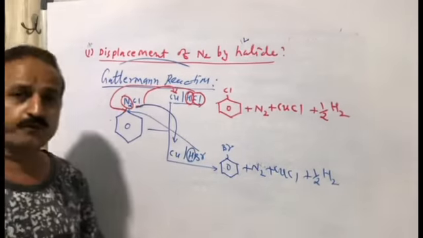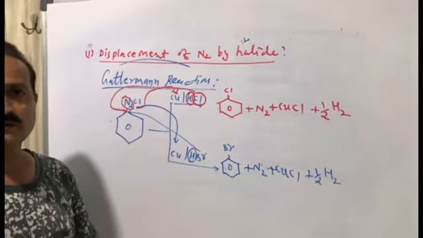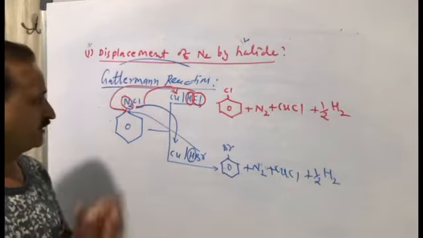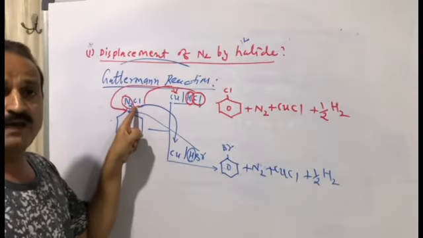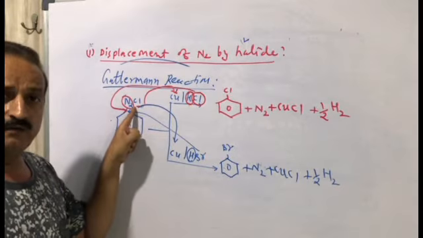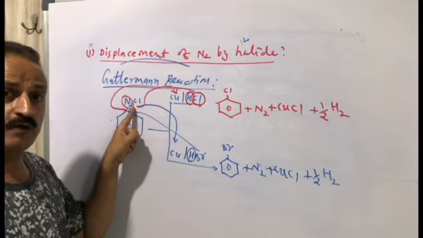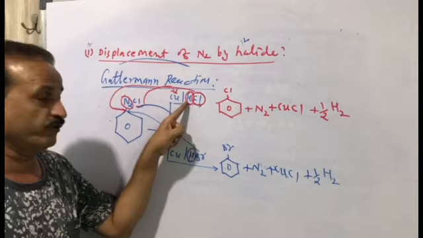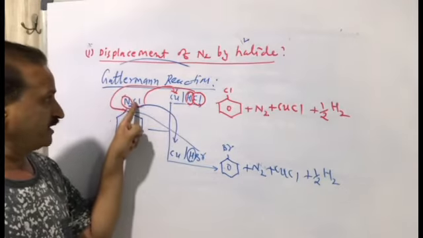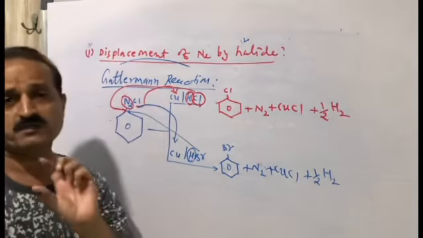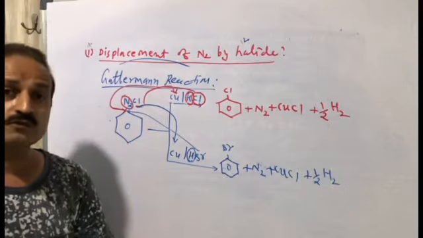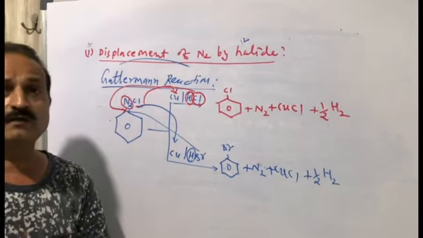So copper powder is reacting with chlorine from benzene diazonium chloride, while in the earlier reaction chlorine is reacting with hydrogen. Here chlorine is reacting with copper. This is the difference that you have to understand by watching the video repeatedly.